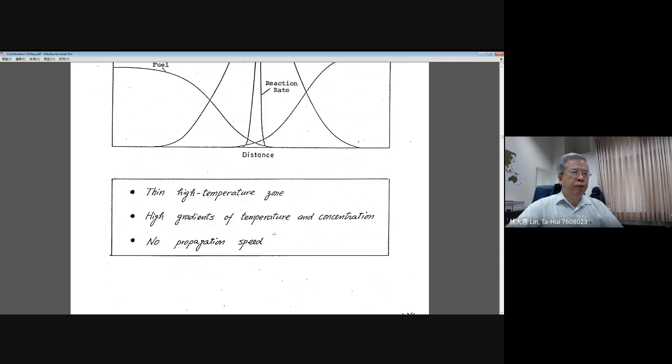And the diffusion flame does not find its location by the balance of the flame speed and the supply velocity. That balance of the flame speed and supply velocity is used for the determination of premixed flame positions. Okay, but the position of a diffusion flame is basically determined by the balance of the fuel and oxidizer diffusion strengths. Okay, later on I will explain to you.